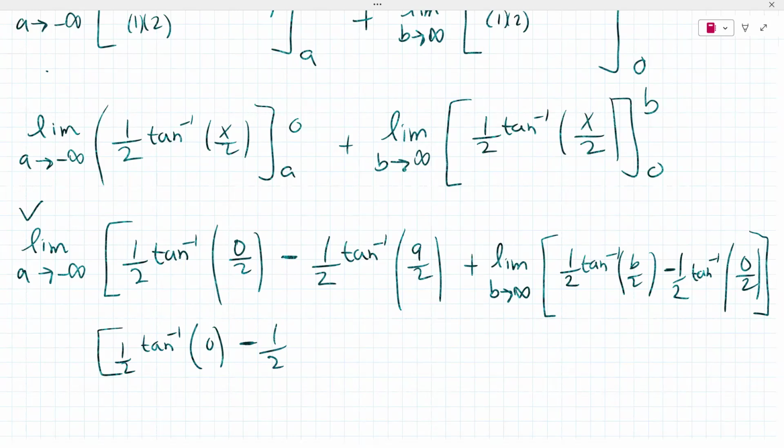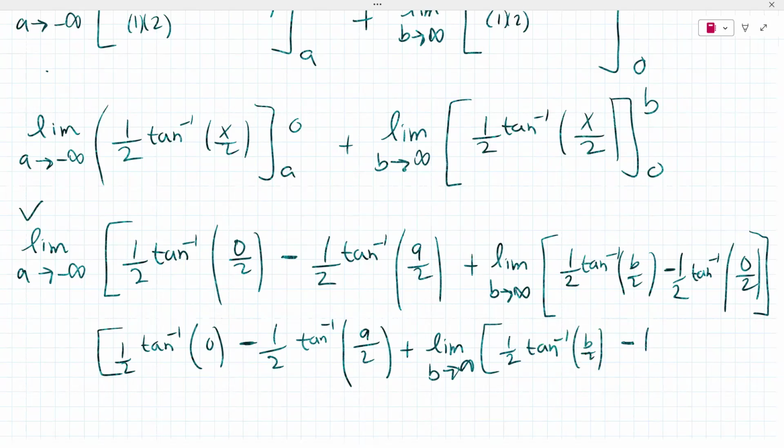Minus 1/2 of tan inverse of a over 2, plus the limit as b approaches infinity of 1/2 tan inverse of b over 2 minus 1/2 tan inverse of 0.